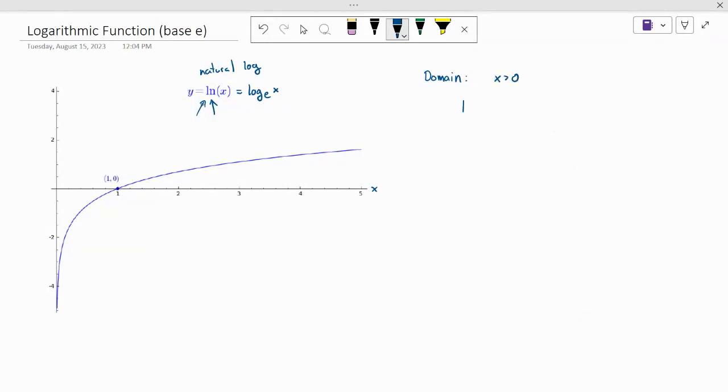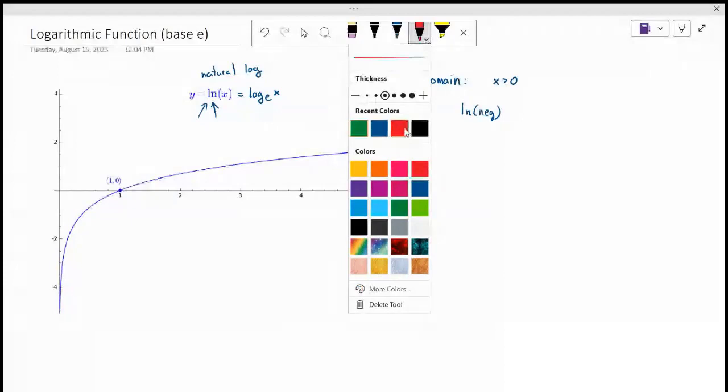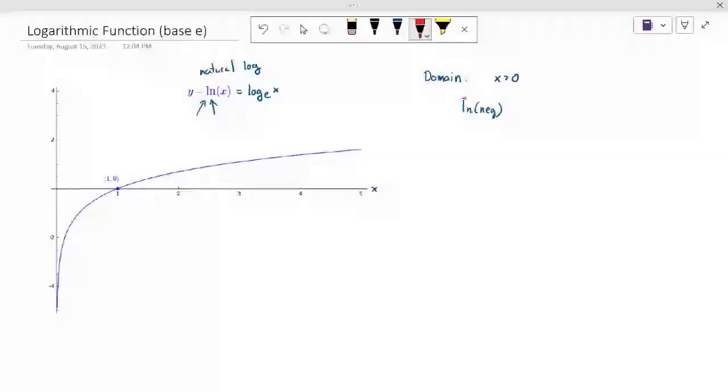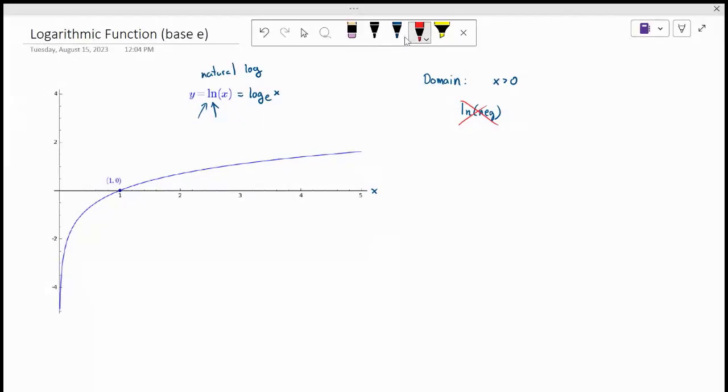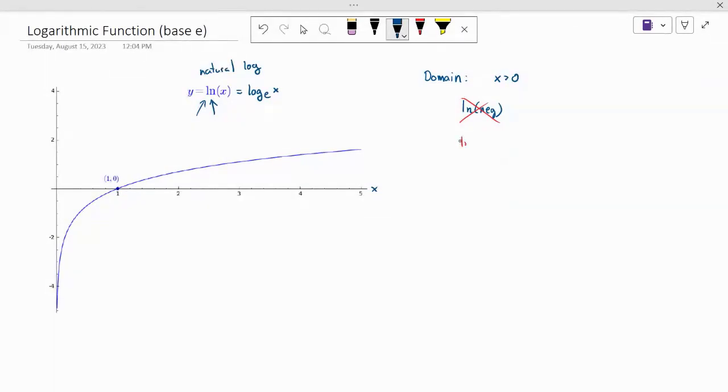In other words, you can't say log of a negative number. It just doesn't work with real numbers. You can't say log of 0 either. That's also not defined. The only thing you can say legitimately is the log of some positive number.